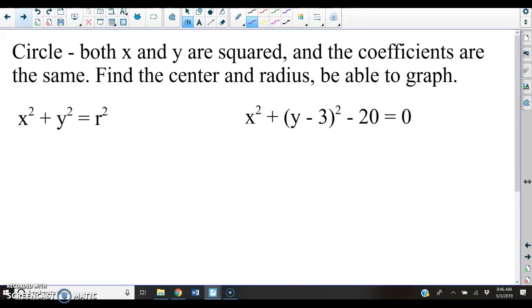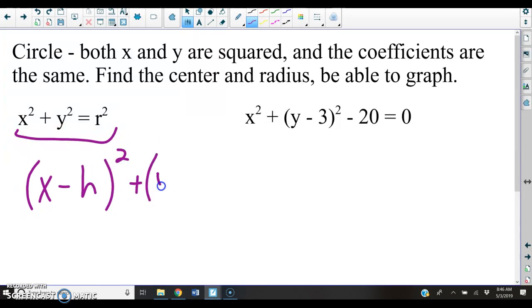Circle. Both x and y are squared, and the coefficients are the same. Okay? So in standard form, but now we're shifting it away from 0, 0. And you will get accustomed to doing this. Okay. So that would be our standard form, easy to graph form.